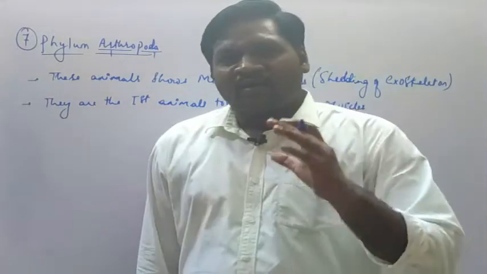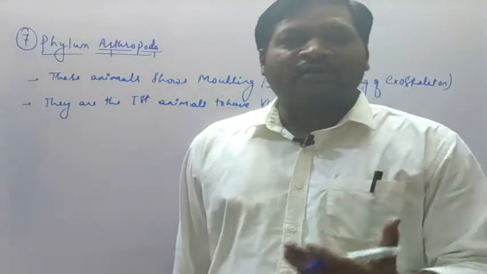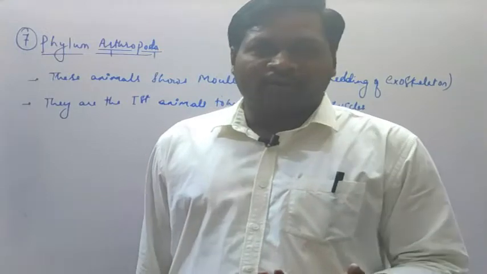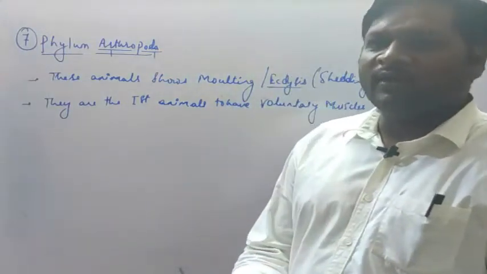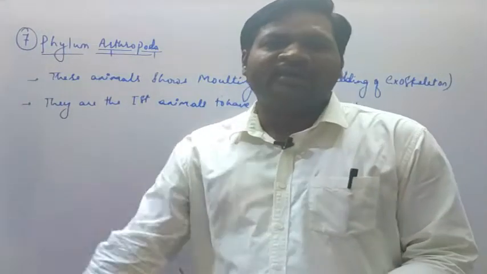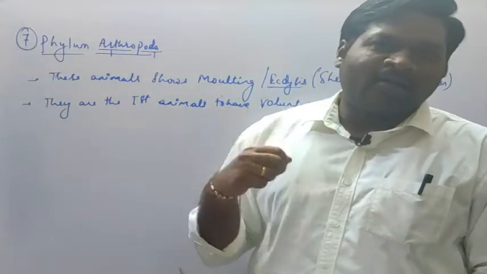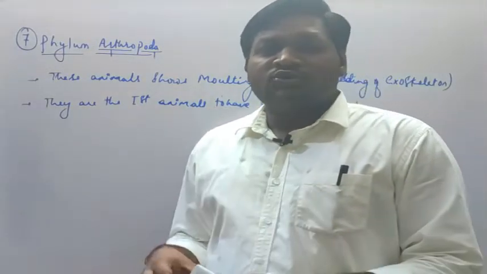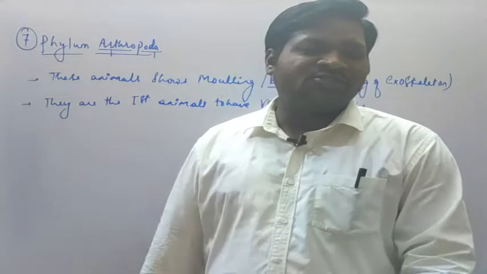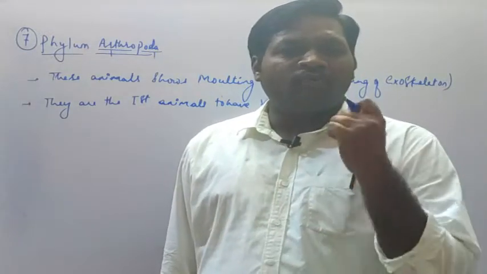Voluntary muscles means what? The muscles which are under the control of one's own will. Suppose I am moving my hands, like these limbs, that movement is under the control of my will. How can I move such muscles or move my limbs?